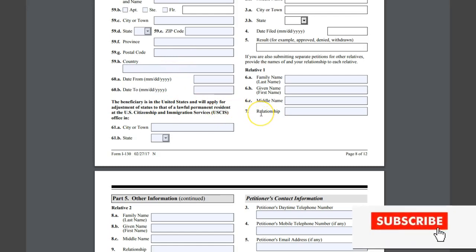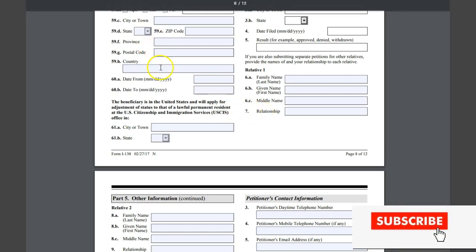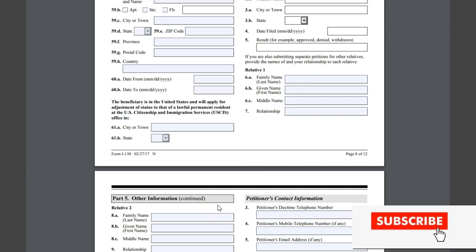That's the way it is for a US citizen. Okay, so let's say this is the application for your wife, and then you will put the name of your child here, so that they're going to have a set for all the applicants, so that they might schedule interviews and send them the immigrant visa at the same time.